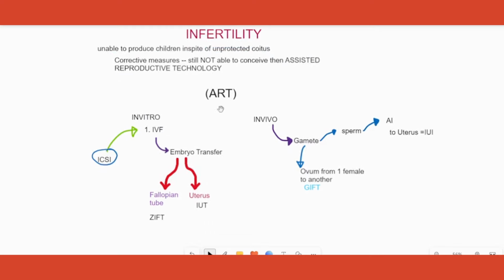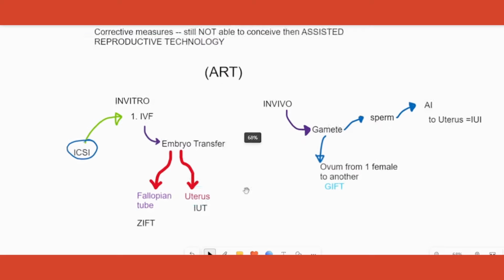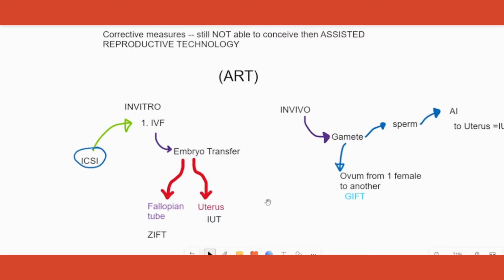First and foremost, this assistance can be given to the couple in the lab, and also in the human body. If we are extracting the ova and sperm from the human and fusing them in the lab, then you call it in vitro fertilization.